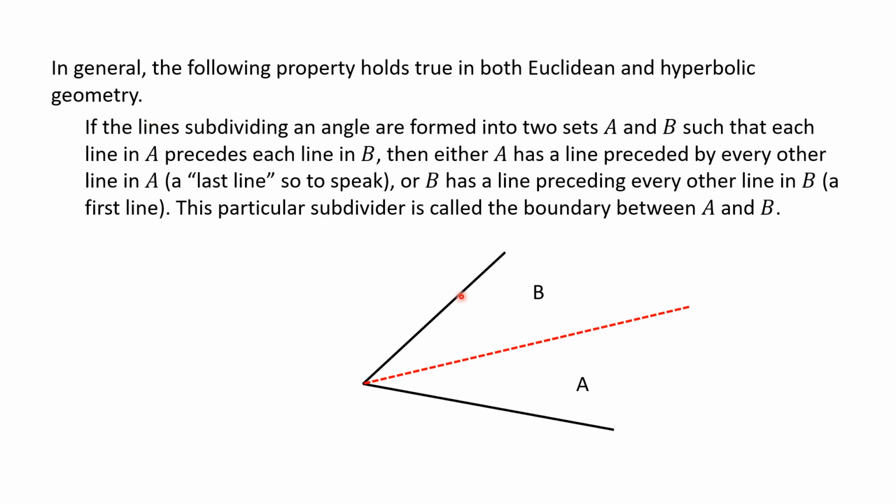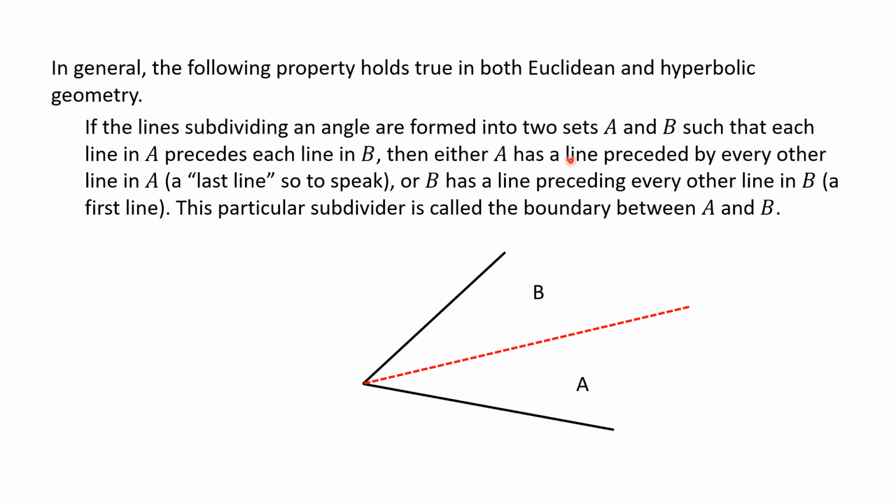If we have an angle here made by these two black lines, two rays, I guess they are, if the lines subdividing an angle are formed into two sets A and B, such that each line in A precedes each line in B, so we're talking about the lines coming out of the vertex here. So it's really a ray. Each ray in A precedes each ray in B. Then one of two things happens.